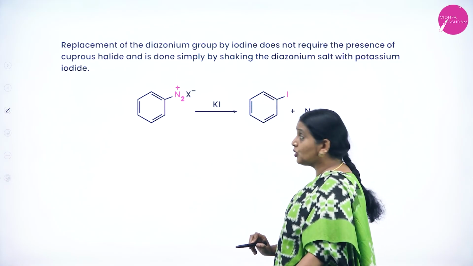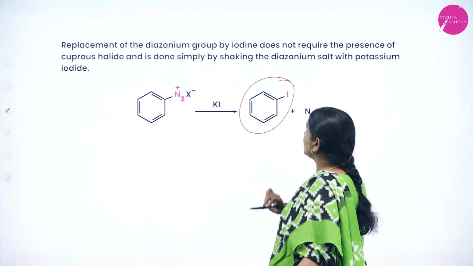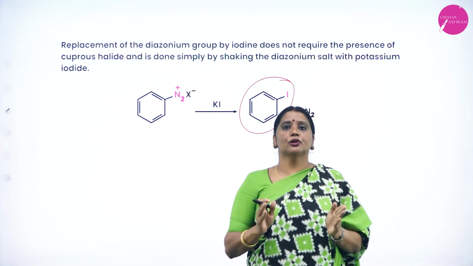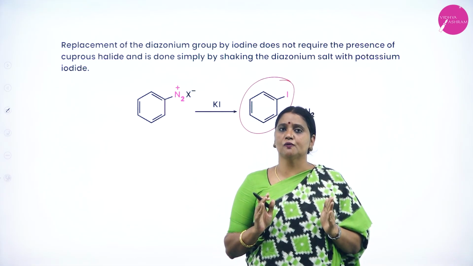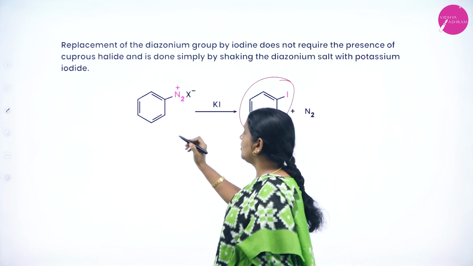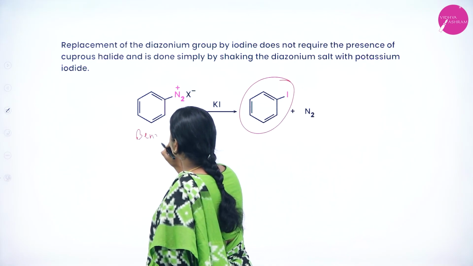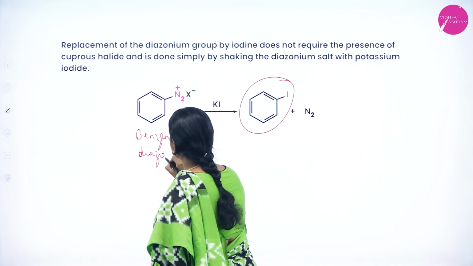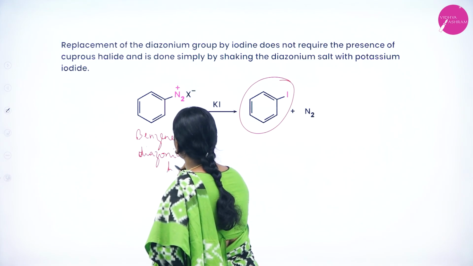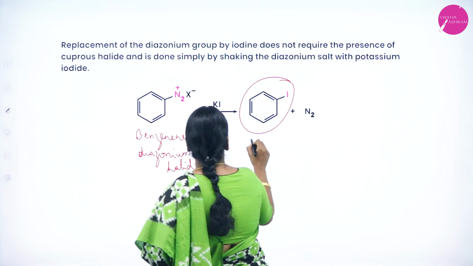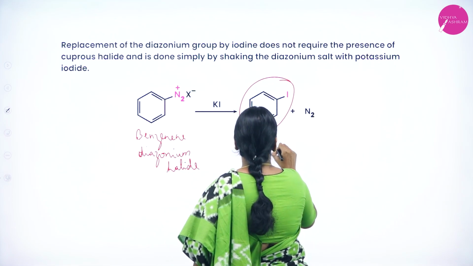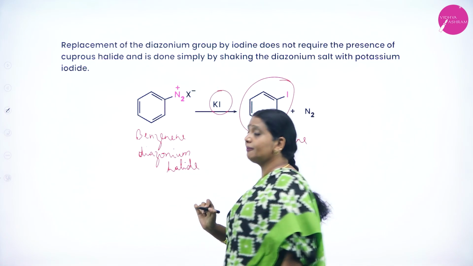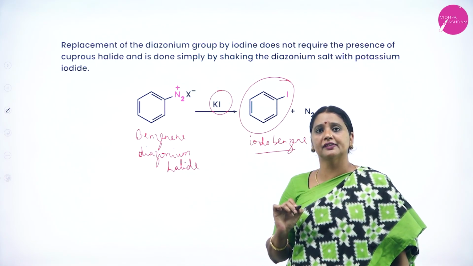If you want iodobenzene, it is not possible in the presence of cuprous iodide. It is not possible in the presence of what? Cuprous iodide. If you want to convert benzene diazonium halide to iodobenzene, it can be done by heating with what?